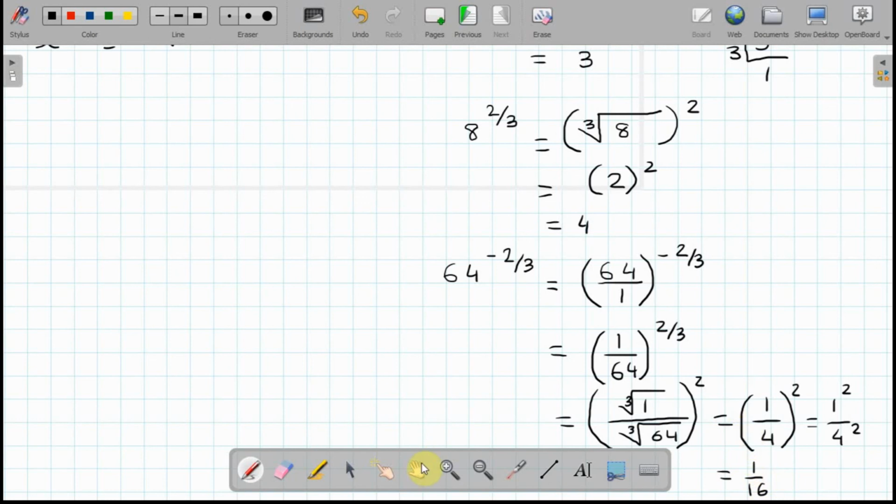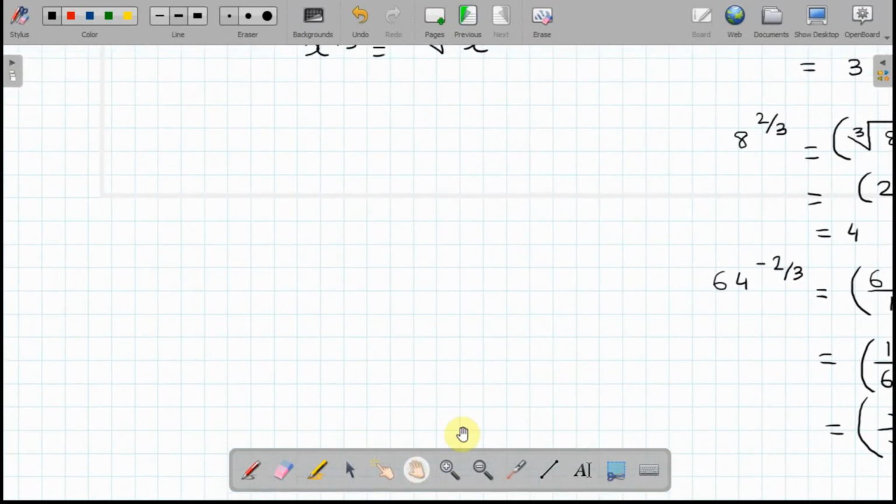Okay, and then one last example where we have a fraction. Let's say 27 over 64 to the power minus 2 over 3. I've used a lot of 2/3, but it works very conveniently with these numbers. So here it's already a fraction, so I need to get rid of the negative power first.